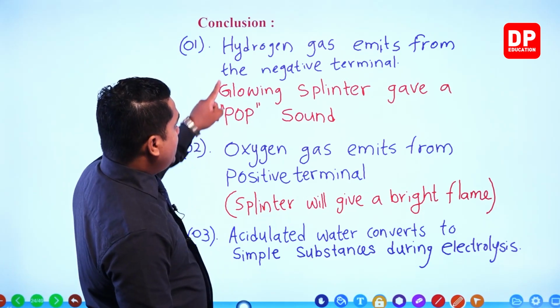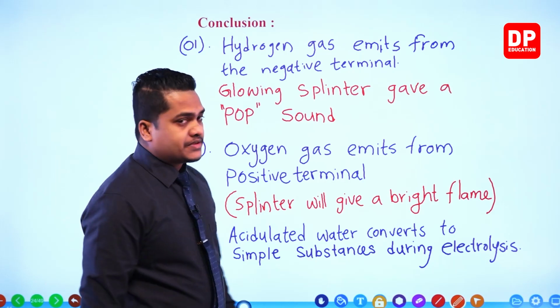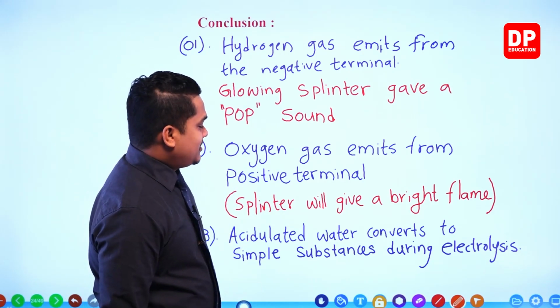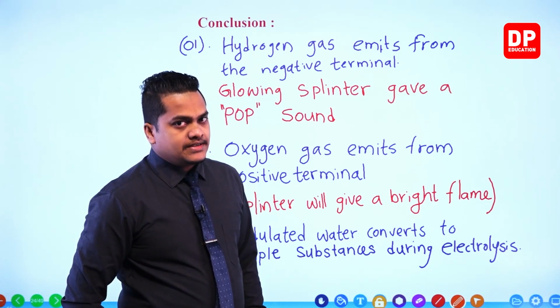conclusions. Number 1, hydrogen gas is going to emit from the negative terminal because the glowing splinter is going to give out a pop sound. We did that thing, right? So second one, oxygen gas emits from positive terminal. I told you that it's somewhat difficult to collect oxygen gas, right?